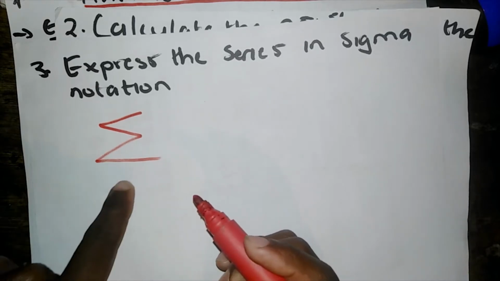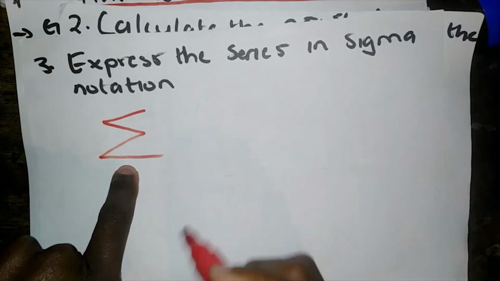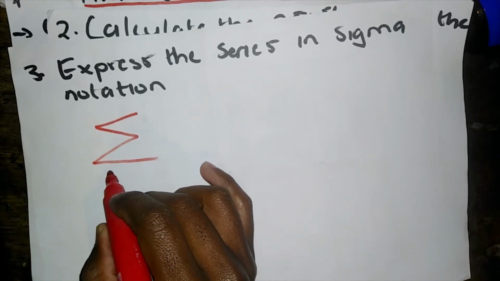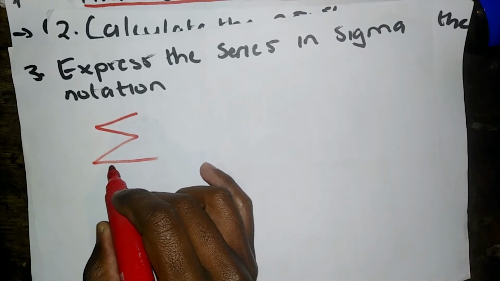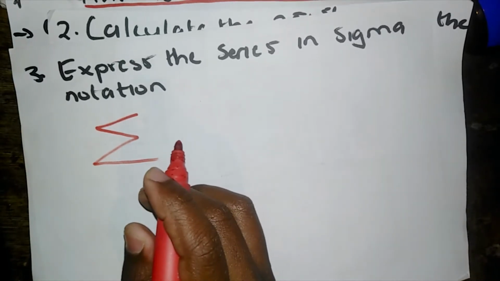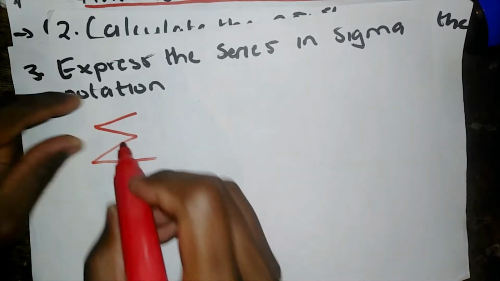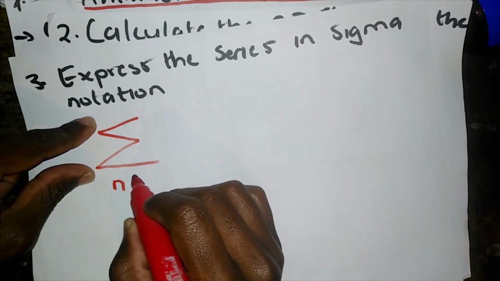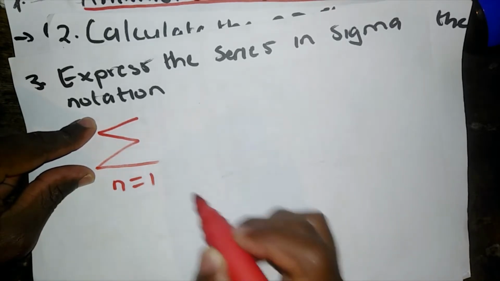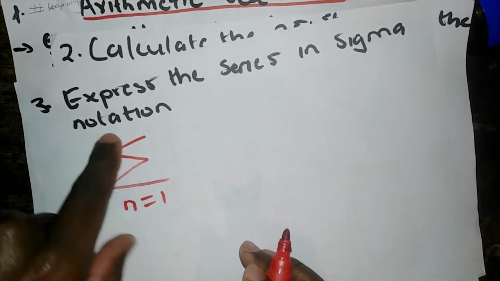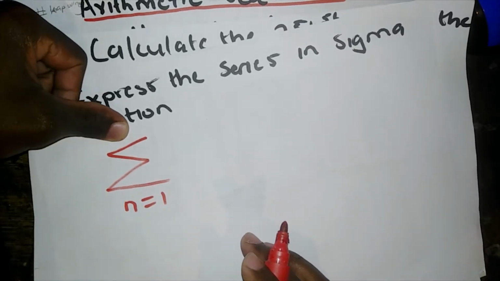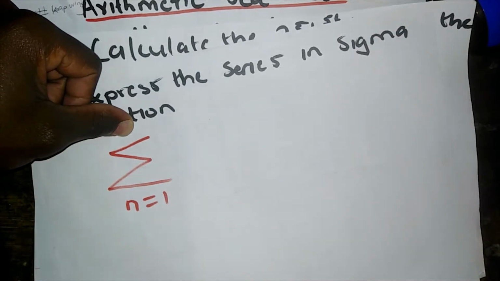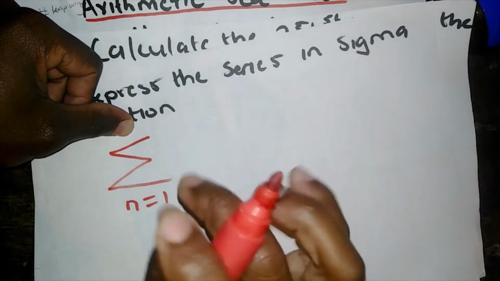So here you put the first value of n. Our first value of n is equal to 1. And on top of it you put the last value of n.